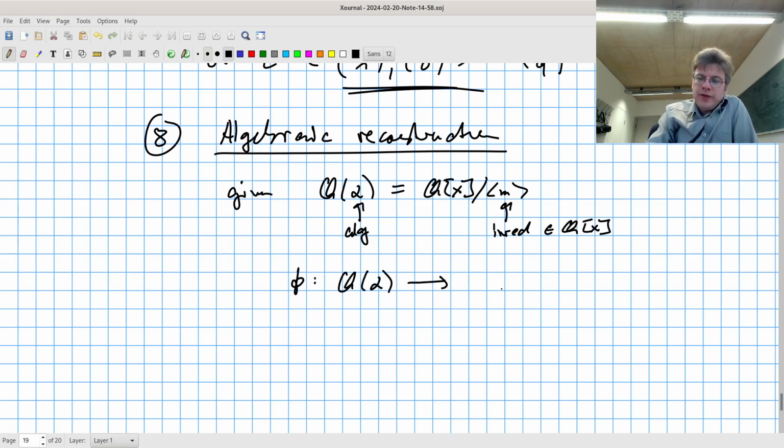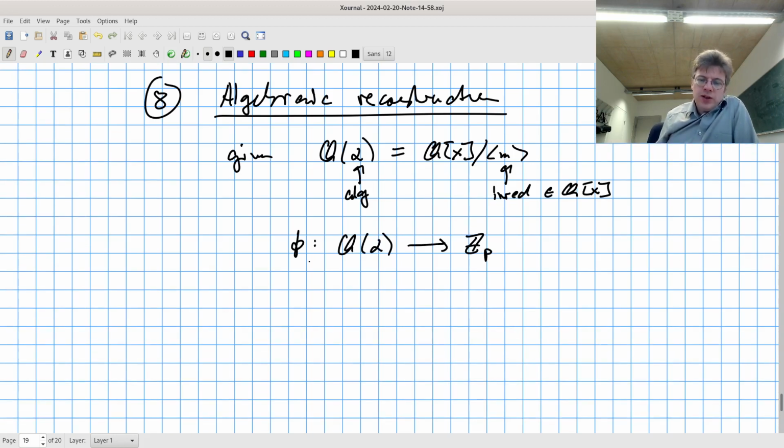From Q(alpha) to F_p. That sets alpha to a root of m in F_p, assuming there is one.